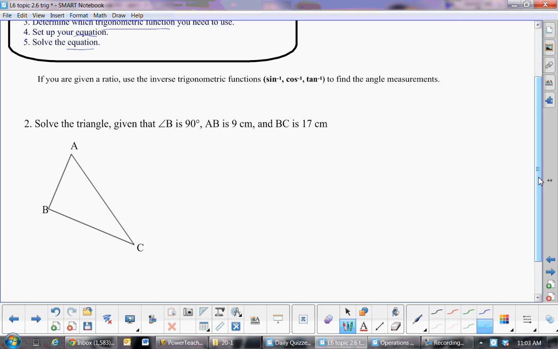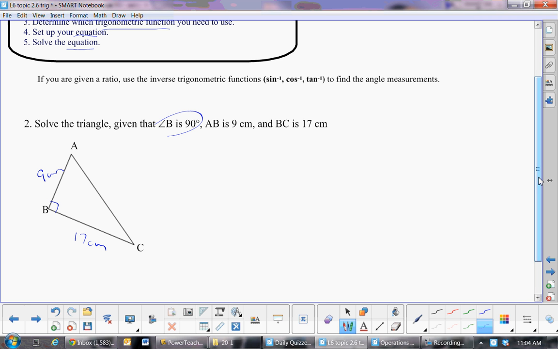Okay, so sometimes they just give us, given that angle B is 90, good, that's good, I'm a right angle triangle. AB is 9, and BC is 17. Now, solve the triangle. Like, what does that mean? How do you solve a triangle? Like, what does it mean? Get everything else. What are we missing? Missing the hypotenuse.